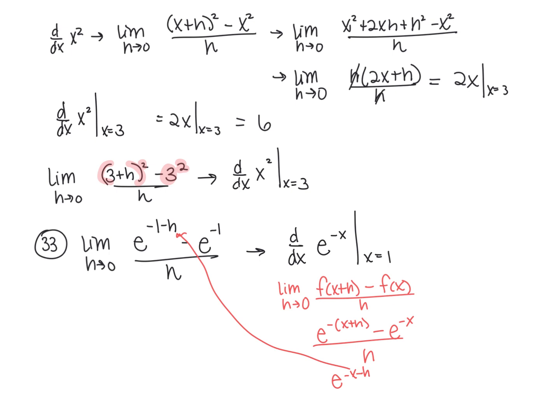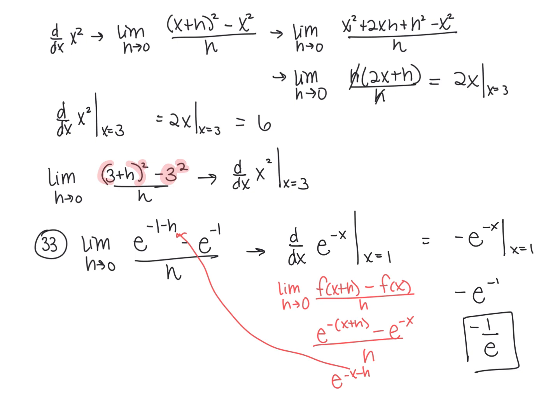Well, e is a nice easy derivative, and the derivative of e to the negative x using the chain rule is negative e to the negative x, and I'm evaluating it at x equals 1. So I get negative e raised to the negative 1, which gives me negative 1 over e. I don't remember what answer choice that was. Let's see, B looks like it. And so that's problem number 33.